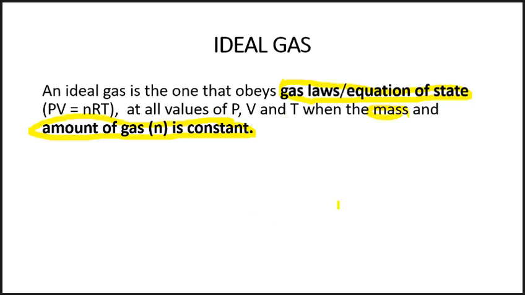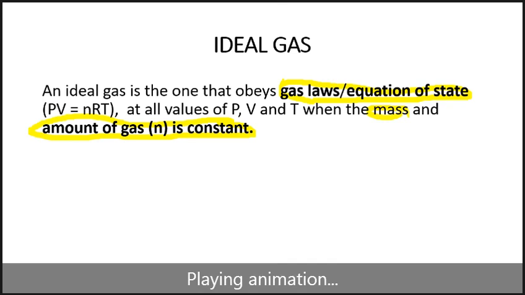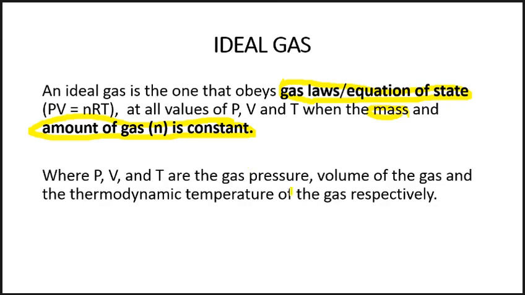Now, I need you to know, having identified those entities, which is the gas pressure for P, volume of gas for V, and thermodynamic temperature for T, for the gas respectively, there is one thing we need to consider, having known the fact that ideal gas obeys gas law.